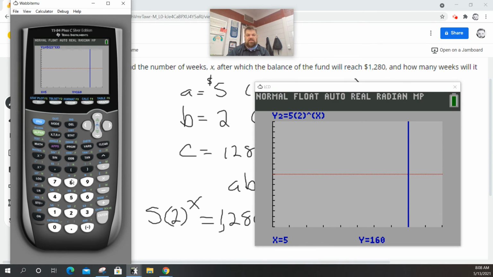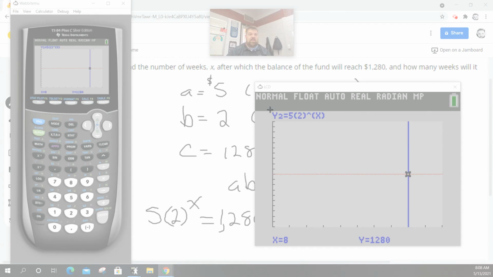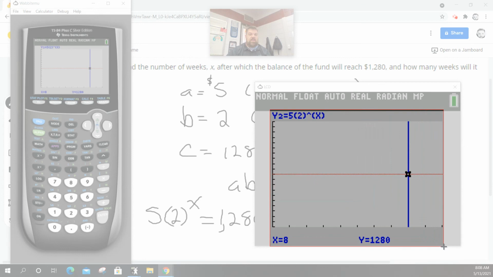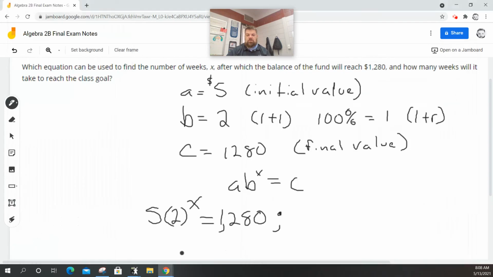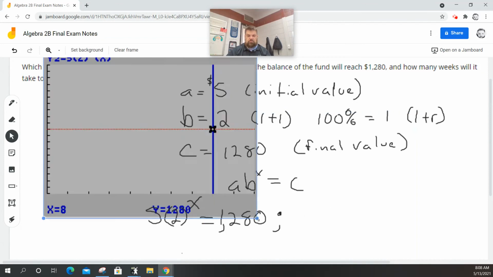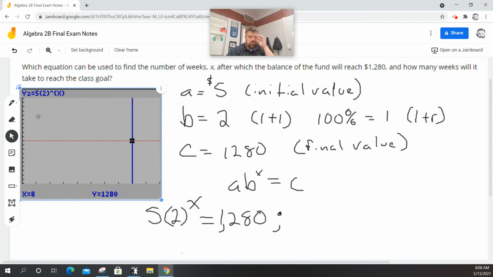I think it crosses at 8. So I'm going to plug in 8 and see where it crosses. Yep. So what does that mean? Let me take a screenshot of that. That means that when x equals 8, my y value equals 1280.